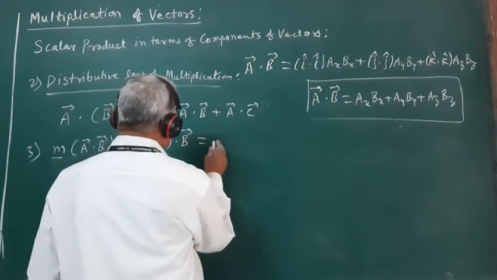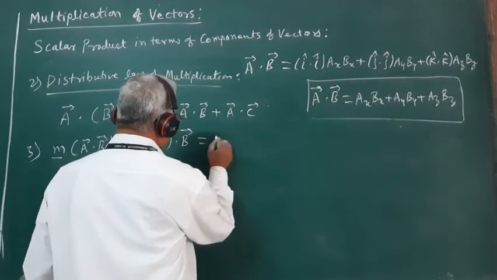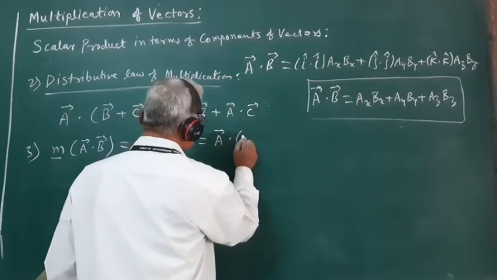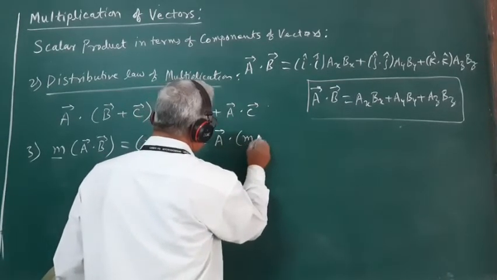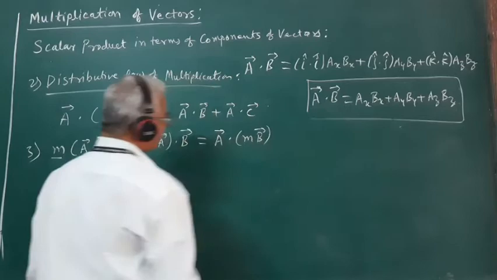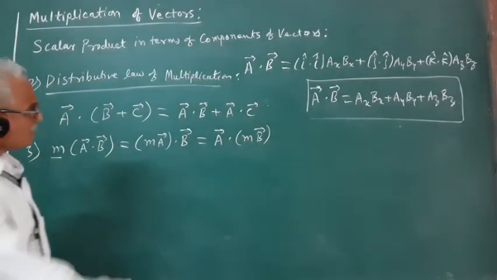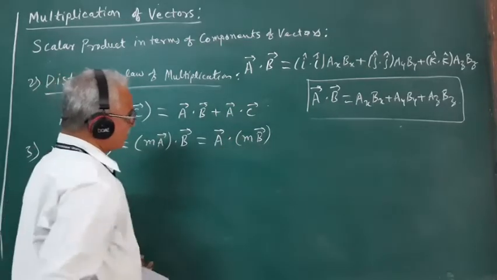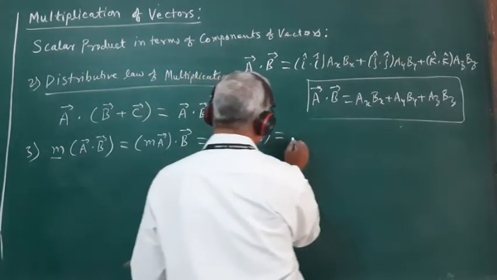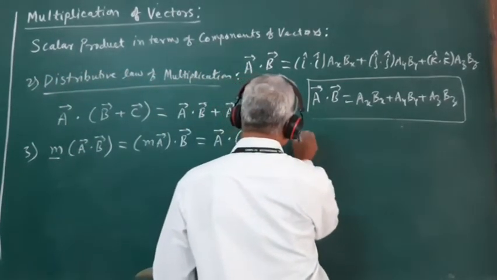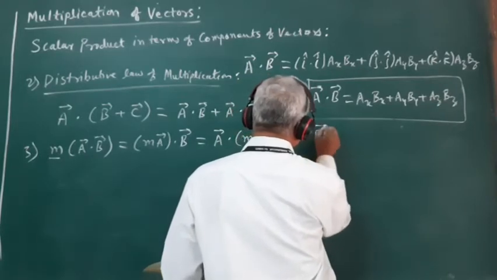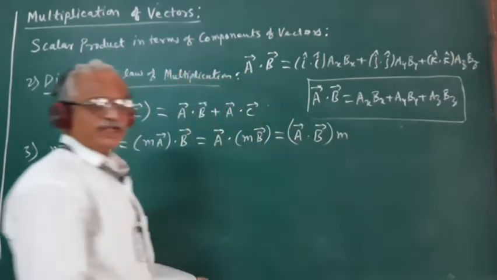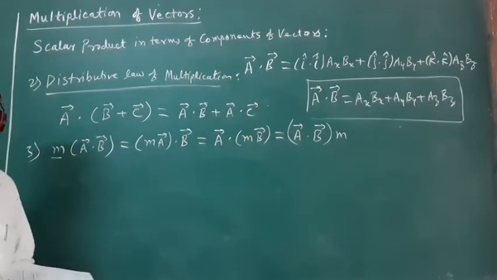Or we can first multiply the vector b bar by the given scalar and then take the dot product of a bar and b bar. Or we can first evaluate the dot product of the two vectors a bar and b bar and then multiply it by the scalar n.